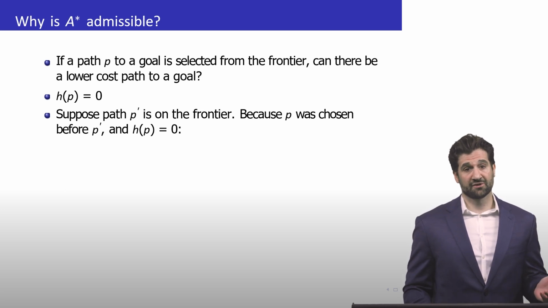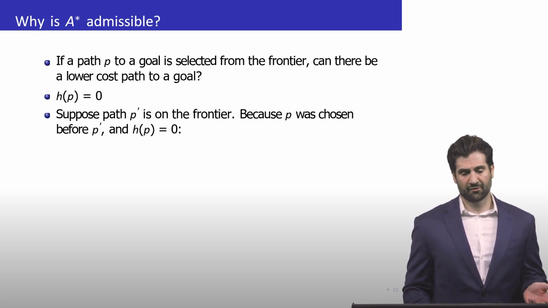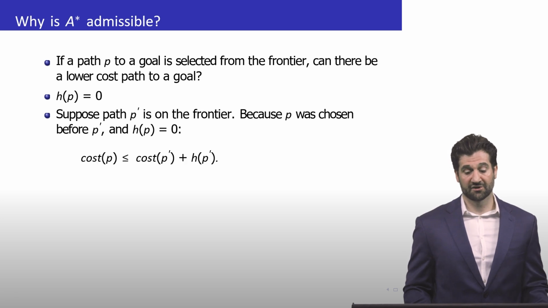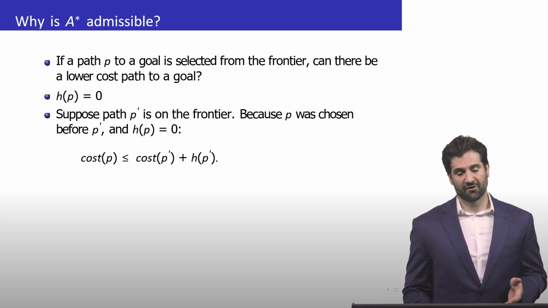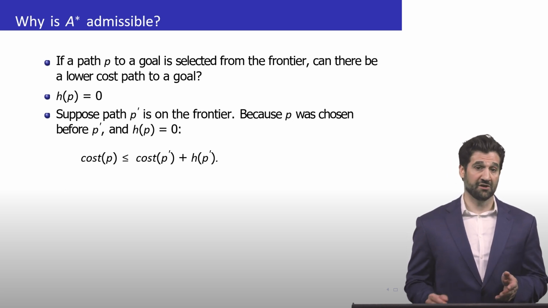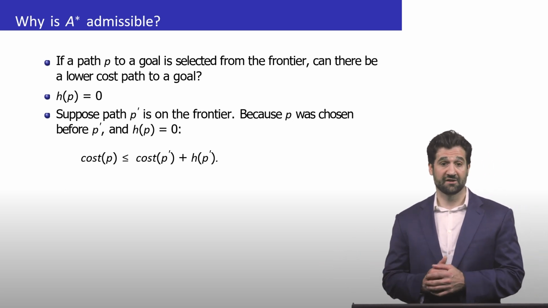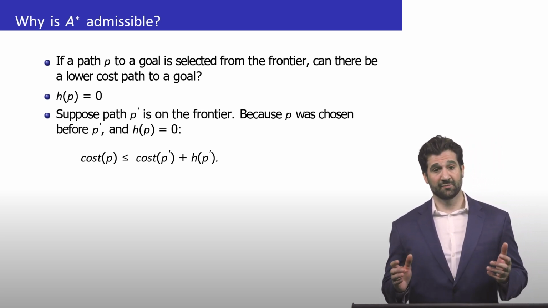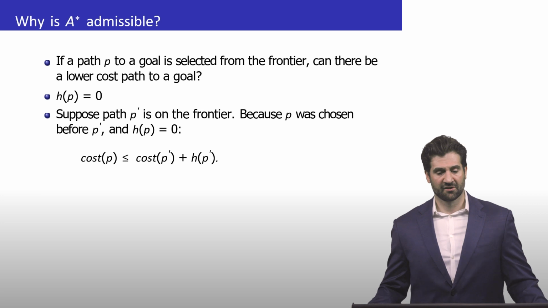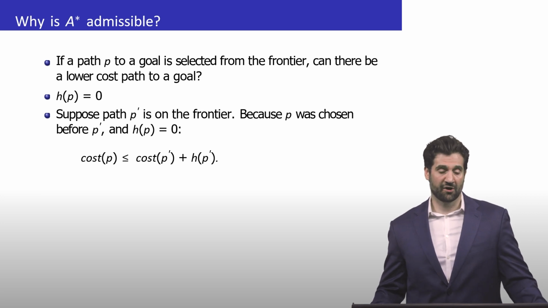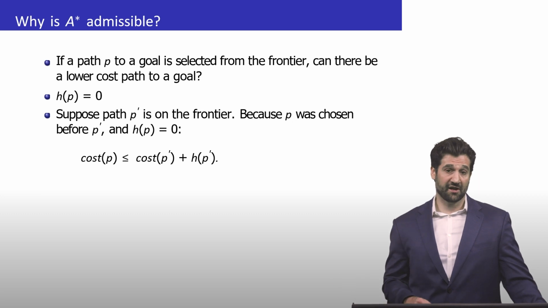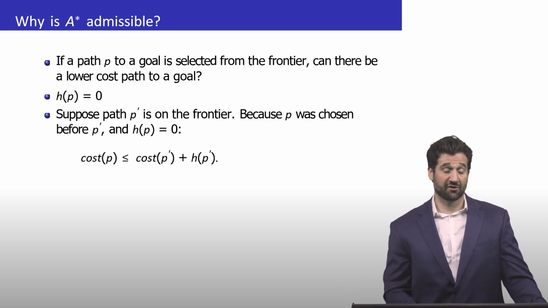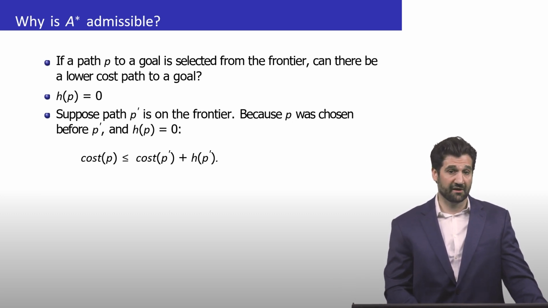Since P was chosen before P prime and h of P is 0, we know that the cost to get to P plus the estimated cost to the destination, which we're just calling 0 for now, has to be less than or equal to the cost of P prime plus the heuristic estimate of the cost to the goal from P prime. So that has to hold.